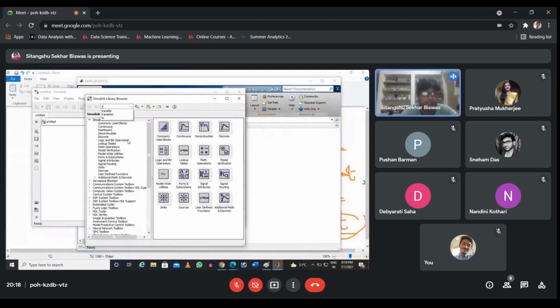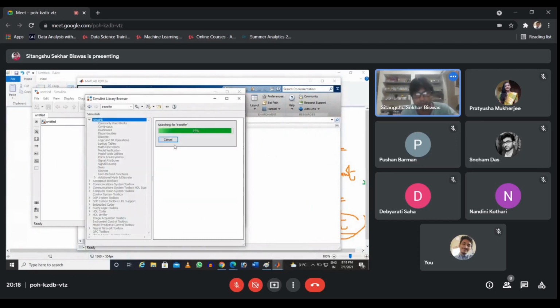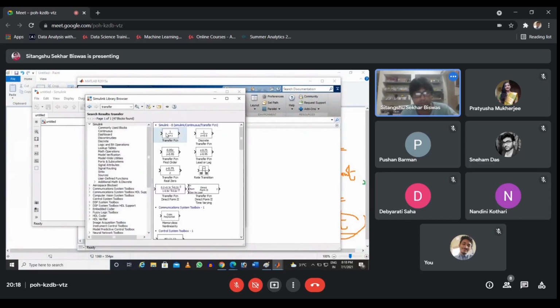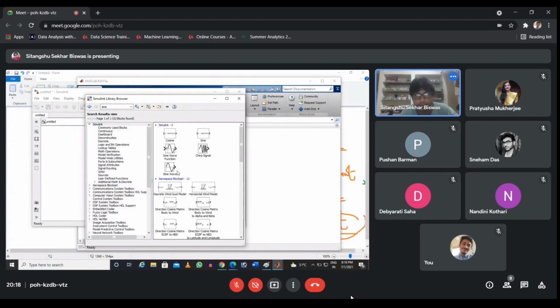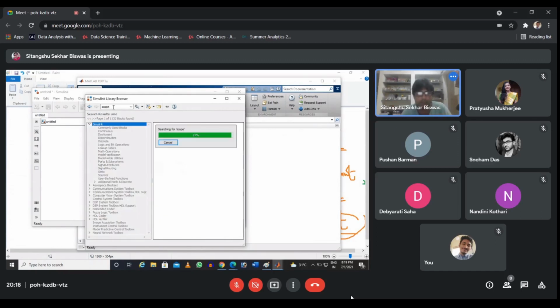First I am taking the transfer function, and some sine function, and a scope with which we can see it.